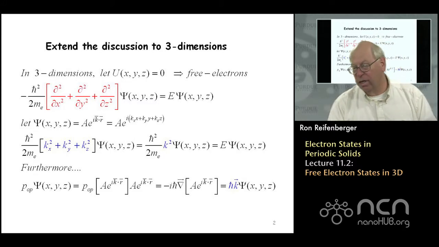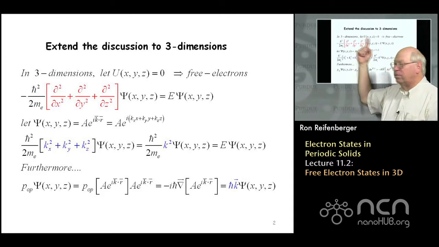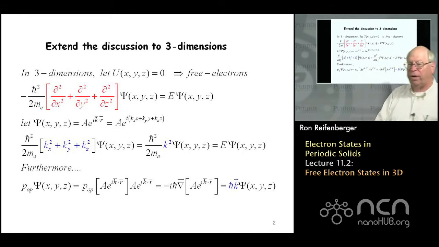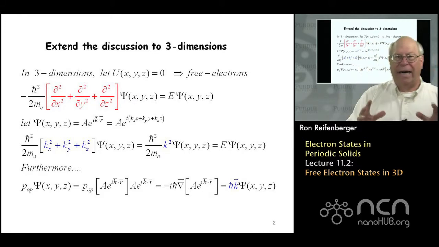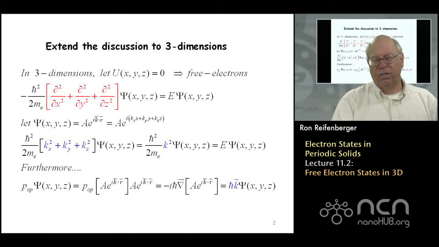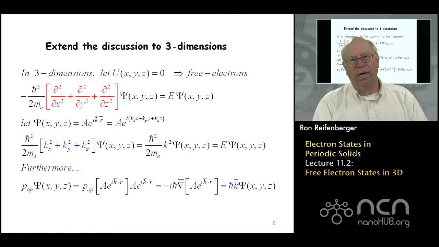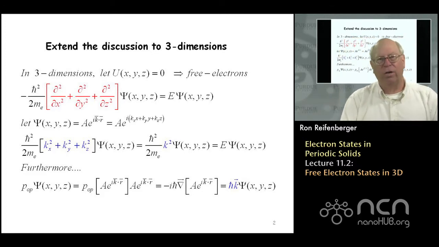We're going to, up front, set the interaction potential energy equal to 0. When we do that, that basically is telling us that we have free electrons. We will relax that condition towards the end of the week, so we'll go back to our discussion of how to represent U, and we'll see what important new features that periodic potential introduces into the electron states in solids.